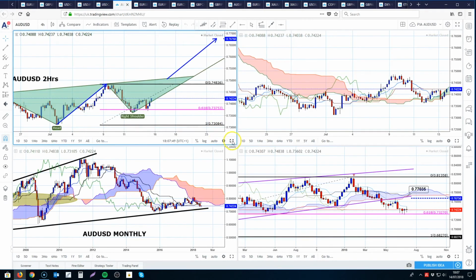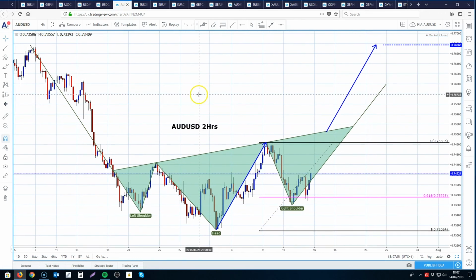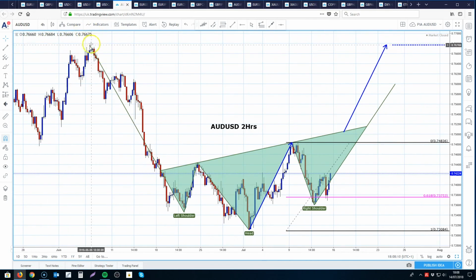Aussie dollar, again, just time frames we're going to really focus on. Again, a left shoulder, head, right shoulder, reverse head and shoulders pattern. The reason that we've highlighted this level here is the measured move target comes in at 76.678. That's close to the previous swing high that was made in June.